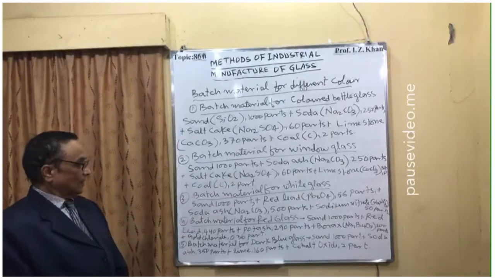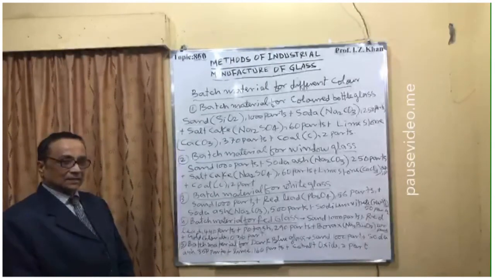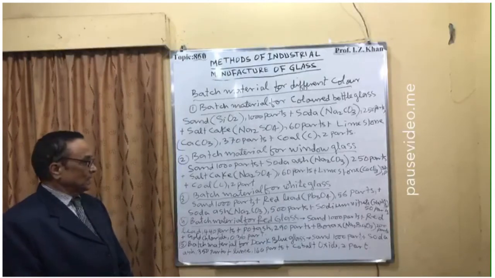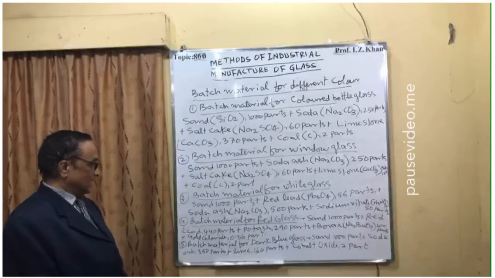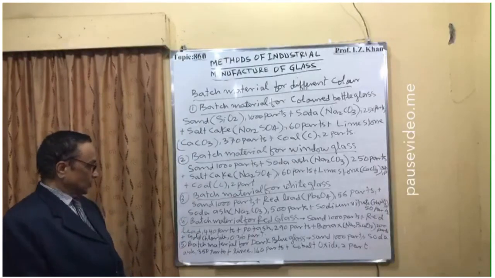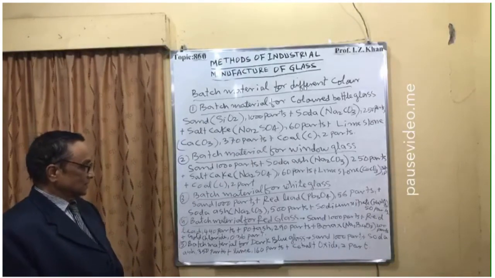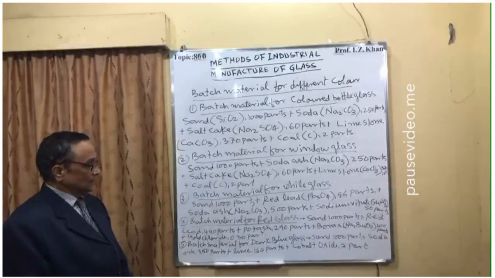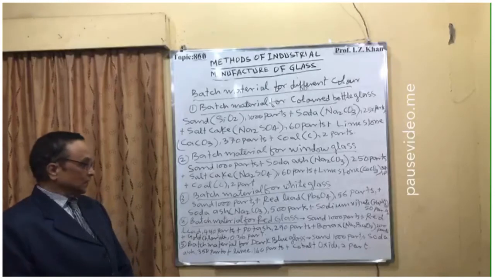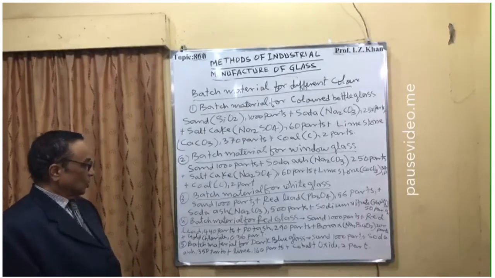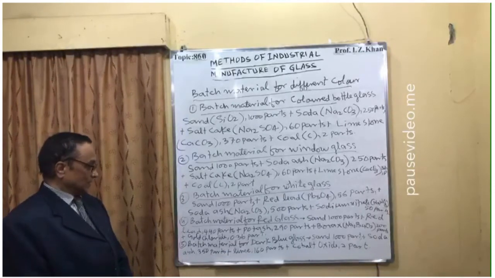If you are going to manufacture red glass, you have to prepare this batch material. Sand, as usual, 1000 parts, plus red lead 440 parts, plus potash 290 parts, plus borax, Na2B4O7, 200 parts, plus gold chloride 0.36 part.